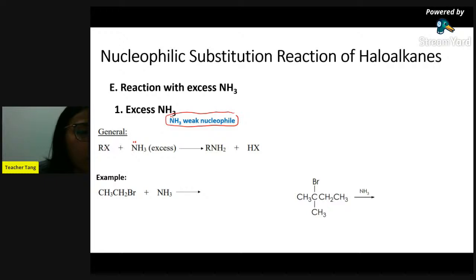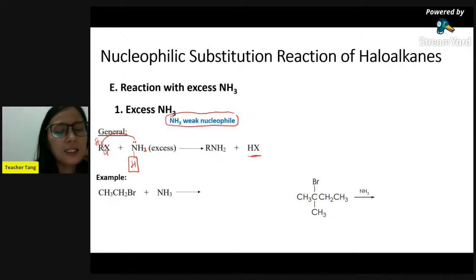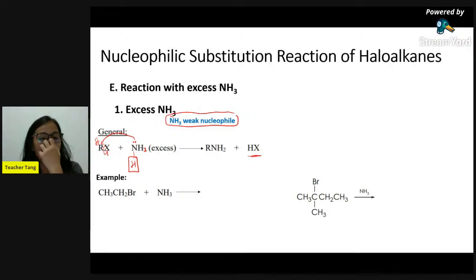The carbon that is attached to the halogen is partially positive charged. Okay, so the nitrogen using the lone pair attacks the carbon, kicking out the halogen. And the halogen, when it leaves, will take one of the hydrogen to give you the byproduct HX. And you get R, basically this is amine. You get amine.